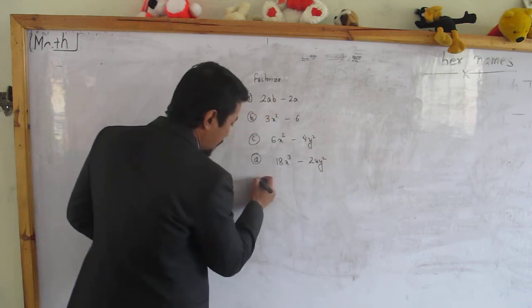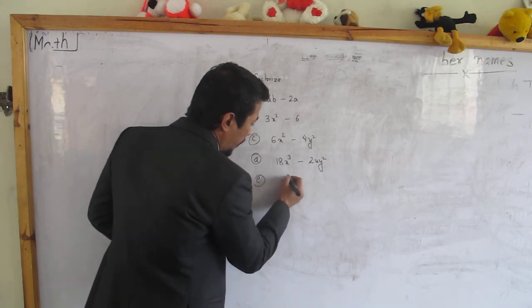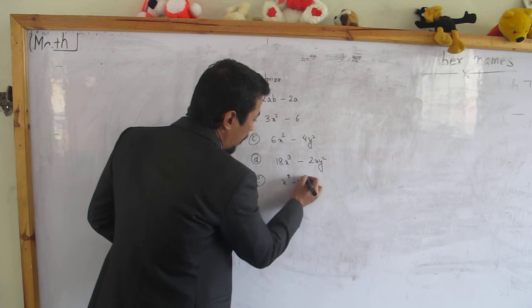And then the last one, x to the power of 8 minus y to the power of 8.